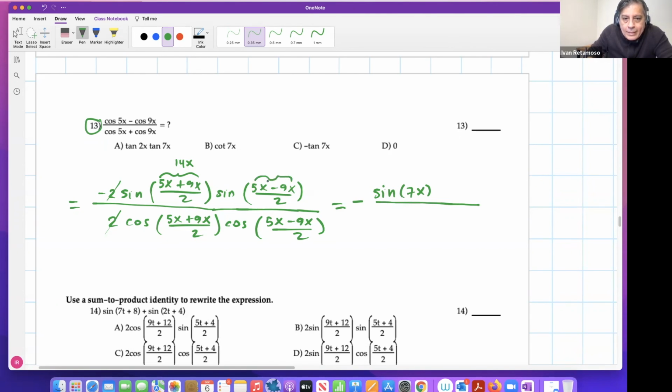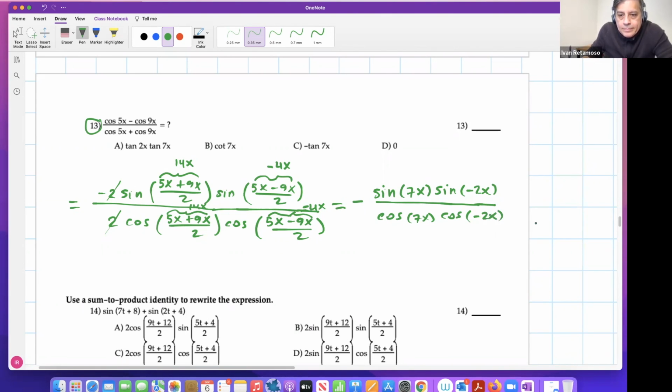Similarly here, 5x minus 9x is negative 4x. 2 into negative 4x is negative 2x, very good. This guy, cosine of 5x plus 9x, 14x. 2 into 14x, 7x. Here, cosine of 5x minus 9x, minus 4x. But 2 into minus 4x is minus 2x.